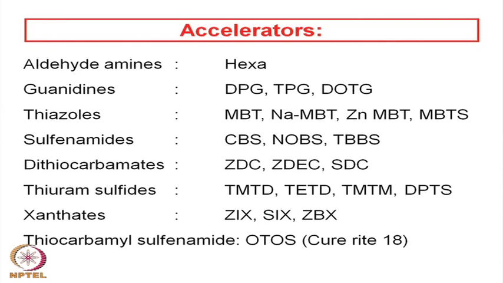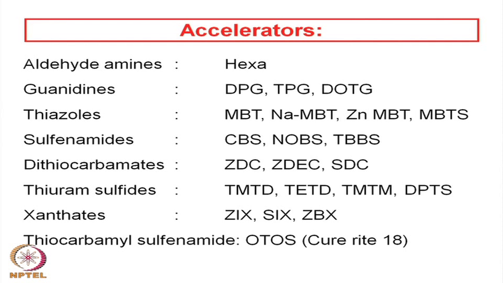In the previous lecture of rubber products, I was discussing the different types of accelerators used for the vulcanization or cross linking of different rubbers, natural rubber or synthetic rubbers.